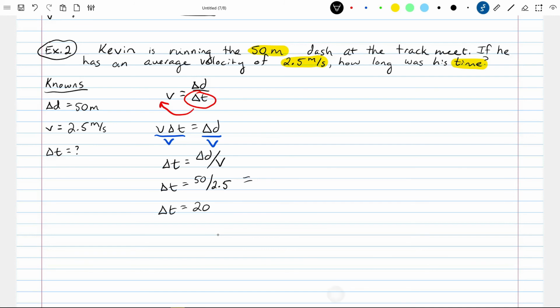Let's take a look. We have delta d in meters, and velocity in meters per second. The meters cancel, and we're left with 1 divided by 1 over seconds, which is just seconds. Therefore, delta t is equal to 20 seconds, and that is your final answer.